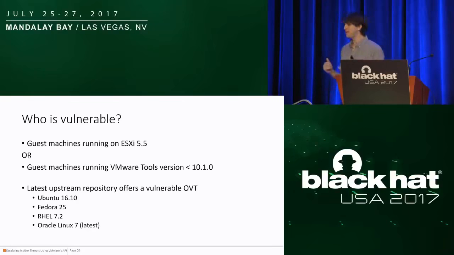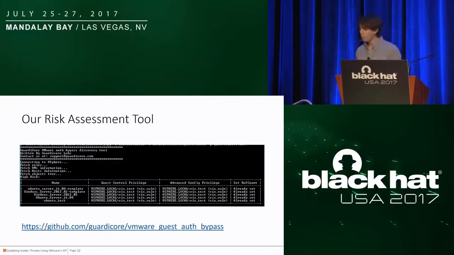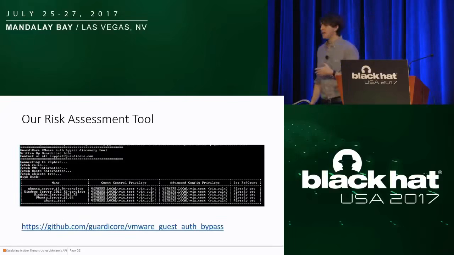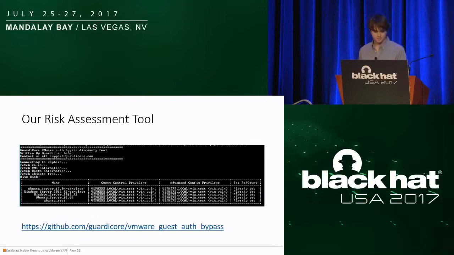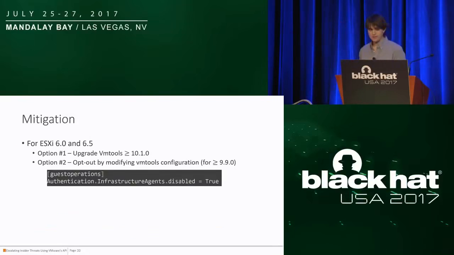So it basically means that those operating systems will be prone to the attack when running on the platform. We will release a script that will help you to discover vulnerable machines in your data center. And let me give you some mitigation options that I think can be used by VMware customers.